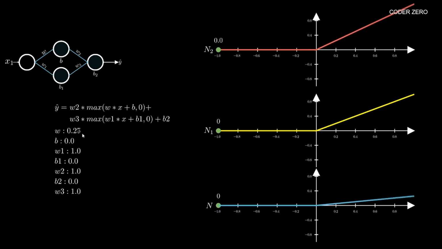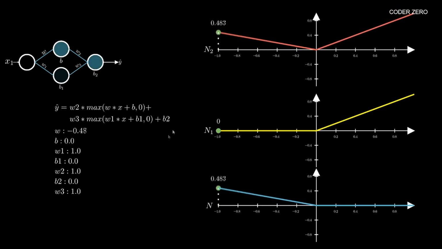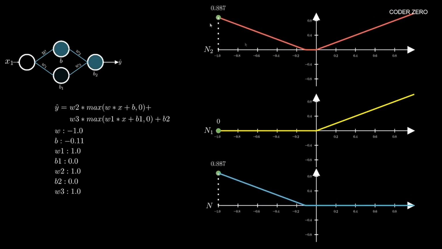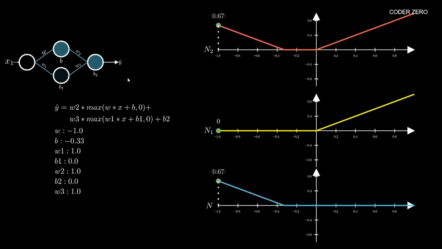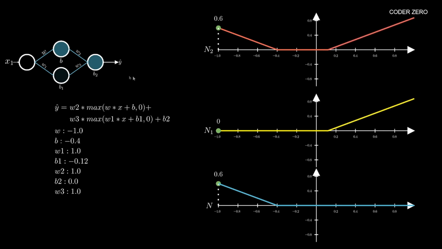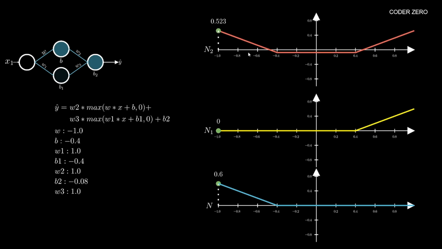Now when we change the weight of first neuron, you can see this is the effect on the output of this network. So by changing the weight and bias of first neuron, we are able to get this kind of shape out of this network. Similarly, when we change the bias of second neuron and the bias of third neuron, you can see we are able to get this shape, and also we are able to shift this graph from x-axis.